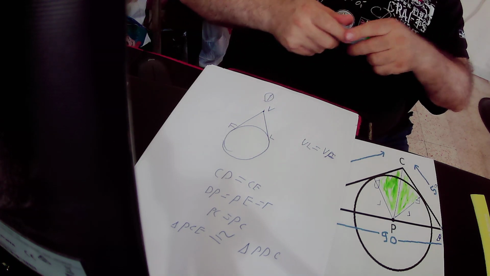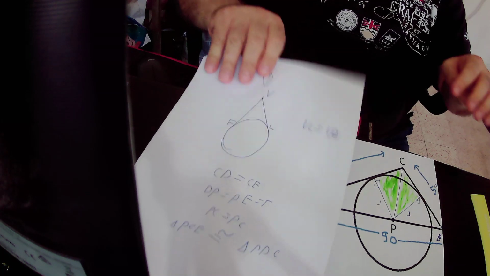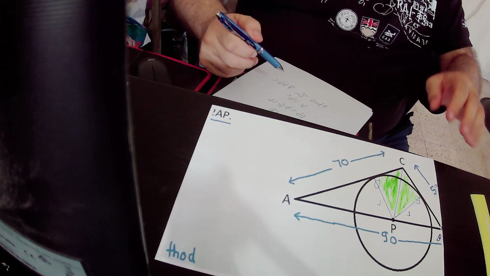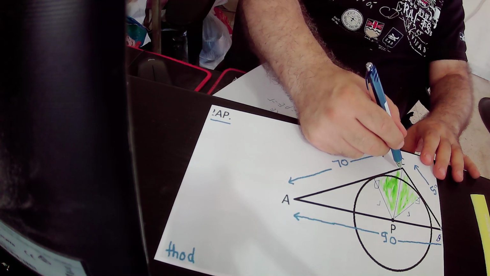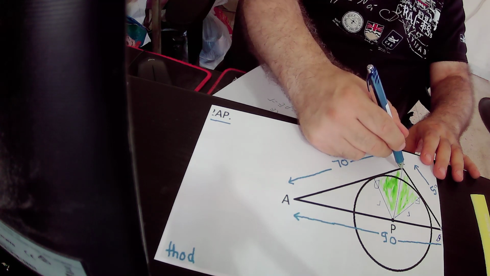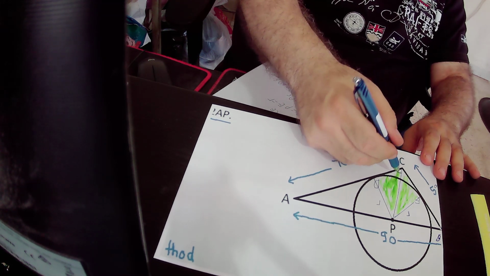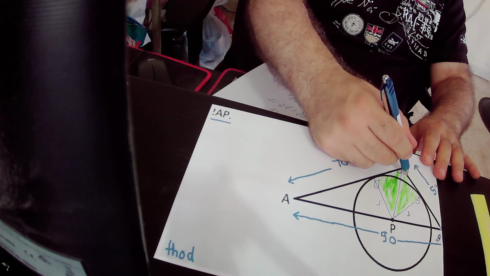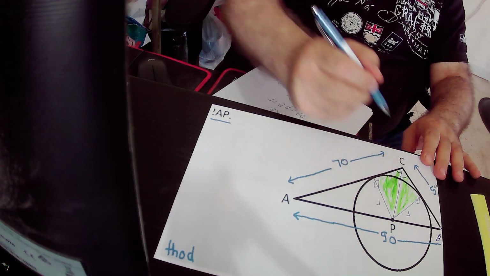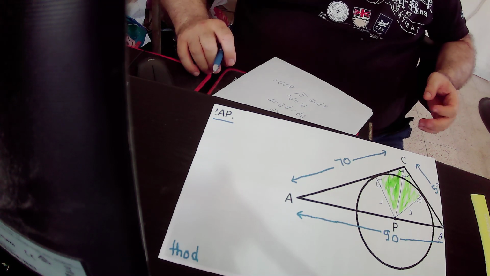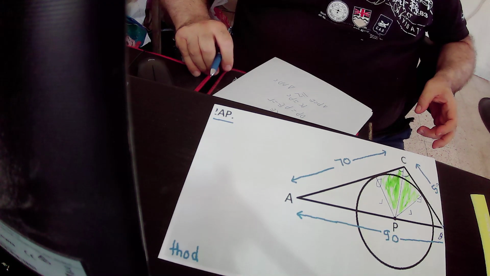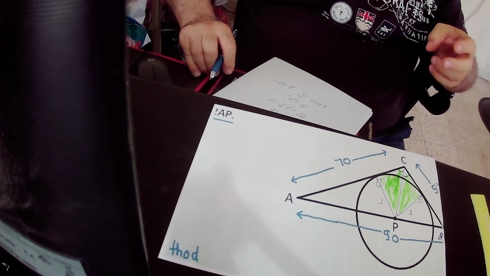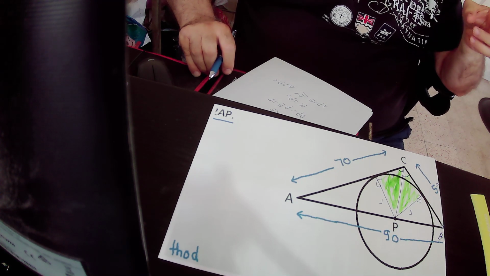Okay, and for that reason angle PCD equals angle CEP according to the rule that corresponding angles in congruent triangles are equal to each other.